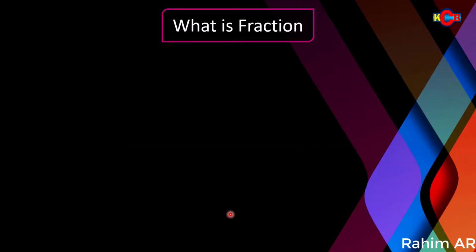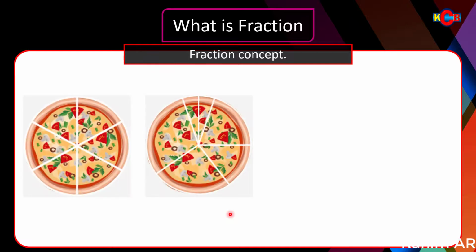Next, look at these two pizzas. The pizza on the left is equally sliced and the pizza on the right is sliced unevenly. So, what is the fraction for a slice of pizza in these two pizzas?